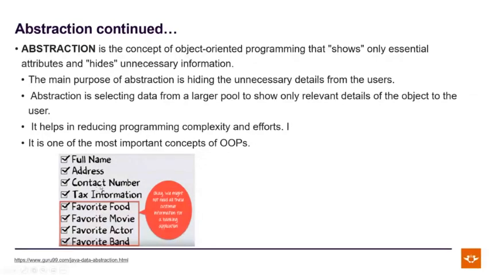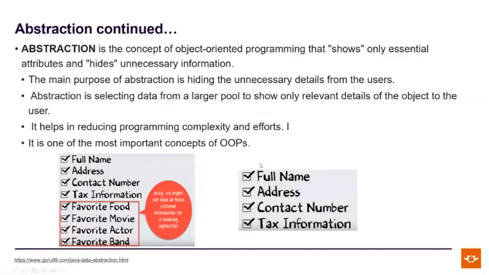It depends, correct? But if I just want to know the list of employees in my company, I actually just want this. So I abstract the information. I only show what is necessary to the person. And this is done through using private and public modifiers. So we abstract, we hide information away.